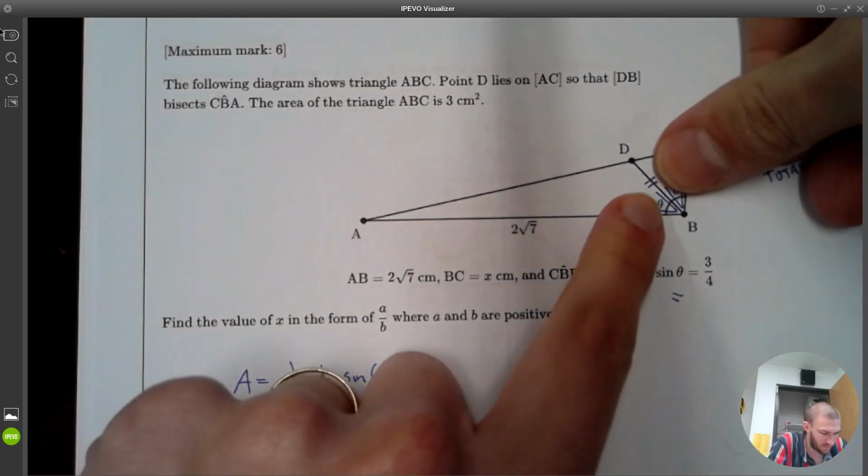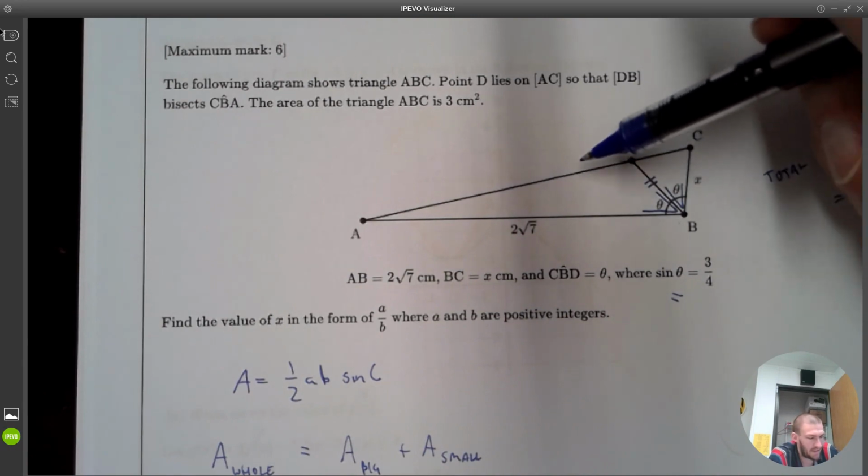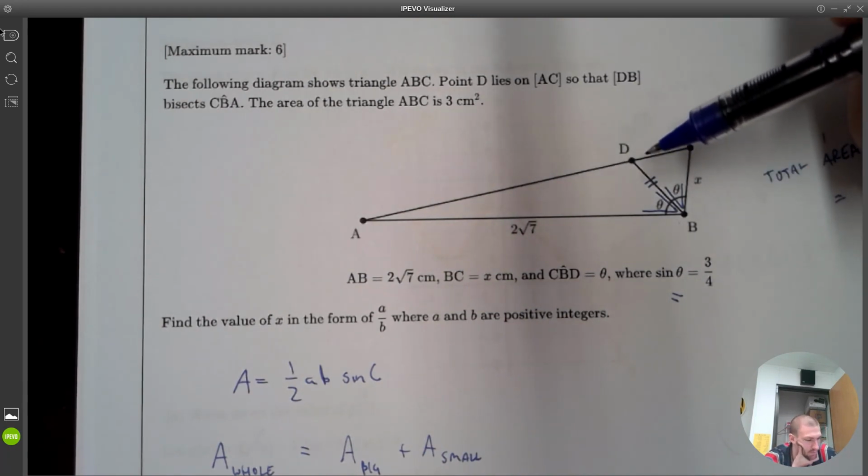I just know that those 2 sides are the same. It's a big side. When triangles are set up like this, their sides are going to be proportional as well. But we don't have any information about the proportional sides here, so I'm not worried about that.